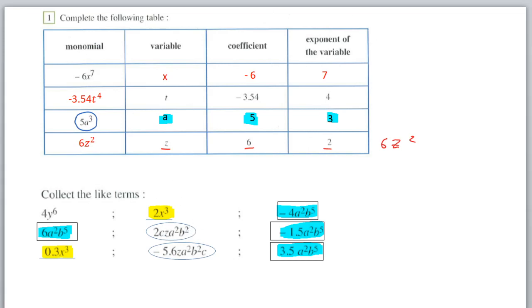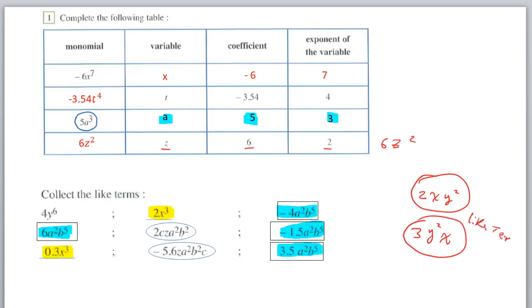It's the same. Another example for this one is, for example, 2xy squared and 3y squared x. Those are like terms, same variables, whatever the location of the variable, in the beginning or at the end, since they are multiplied. Okay, so they are like terms. Get the idea here?